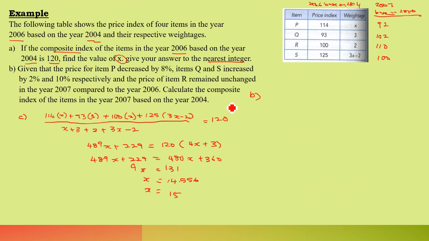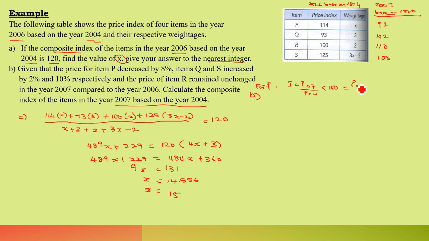What is the change? So let's say for P, I need to find out what is the value for the index when the changes from P, because they ask you to find from 2007 based on 2004, but in between there's 1 year, 2006. So P07 over P04 times 100. So we need to break it out.